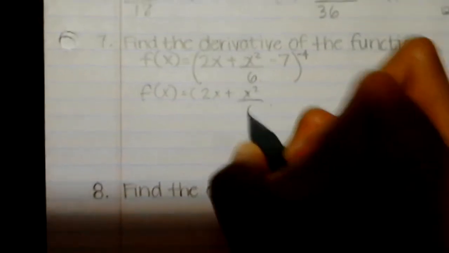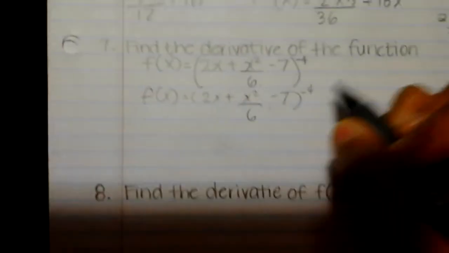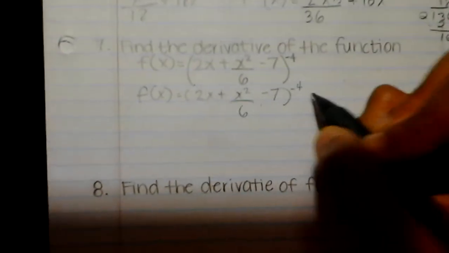So f of x equals 2x plus x squared over 6 minus 7, close parentheses, -4. So what I'm going to do first is multiply the -4 in front of the equation. So it'll be -4, and I'm going to subtract 1, which will give me -5.